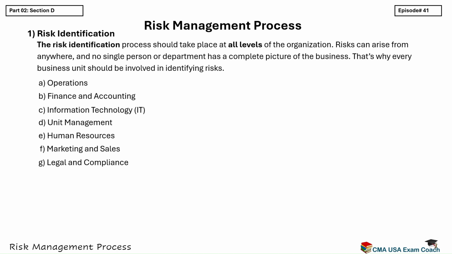Identifying these risks helps the business respond quickly to changes in the market. G. Legal and compliance. This unit identifies risks related to contracts, regulatory requirements, and lawsuits. A failure here could result in heavy fines or reputational damage.